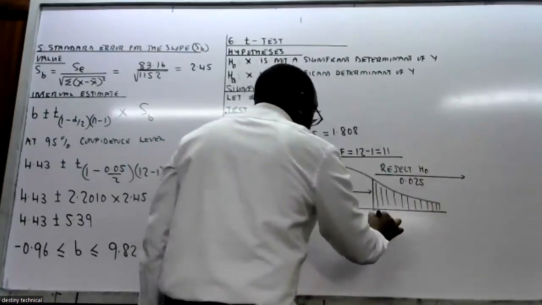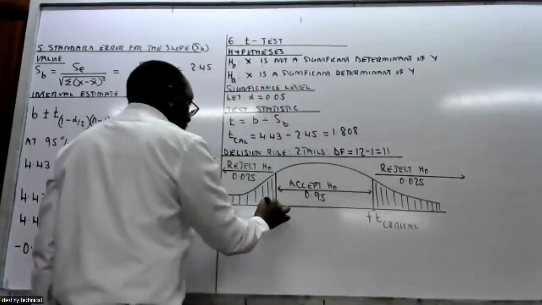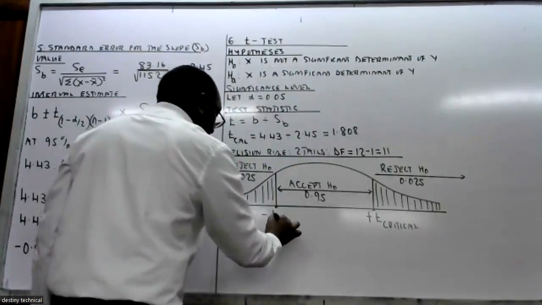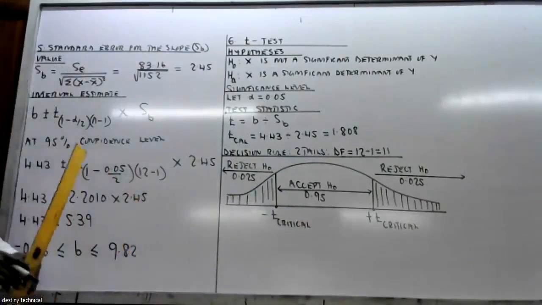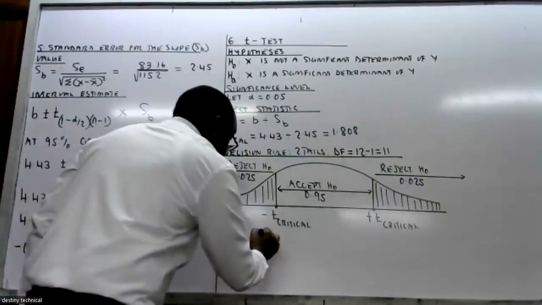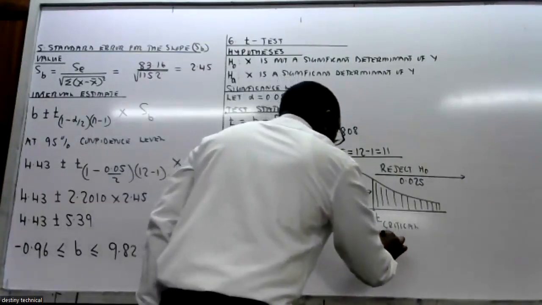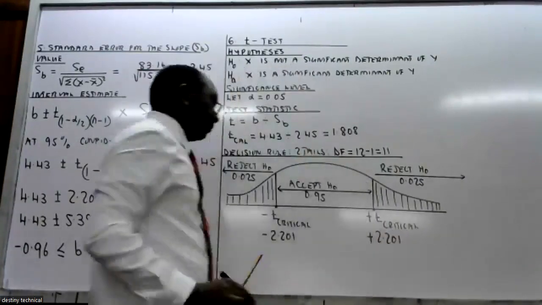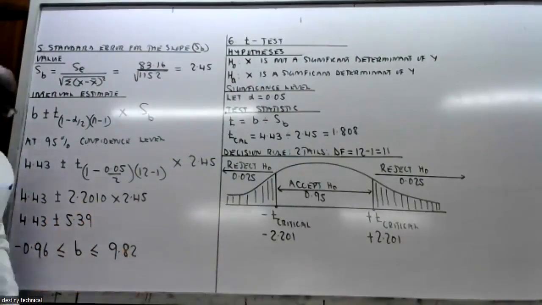And this one is positive T critical, and this one is negative T critical. This is the same value we read from the correct table, 2.201. So it's negative 2.201, and this one is positive 2.201. So once you finish drawing, let me know.